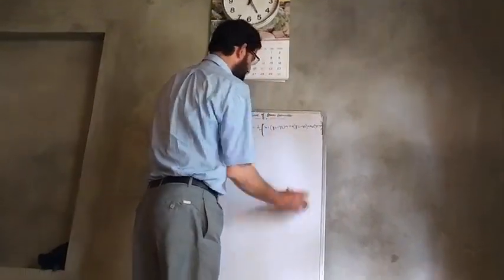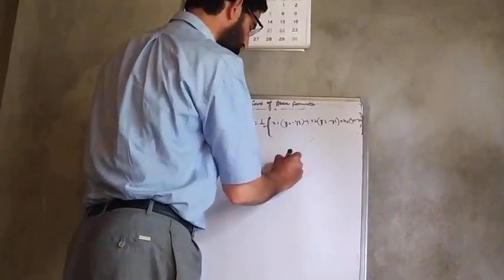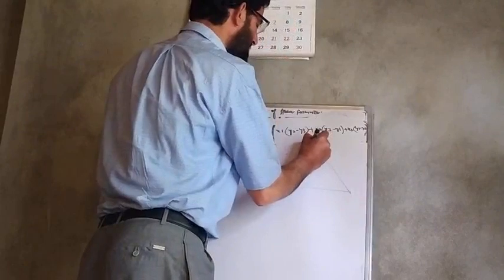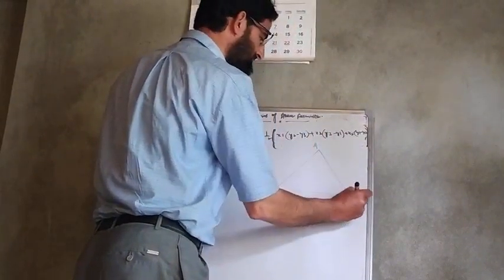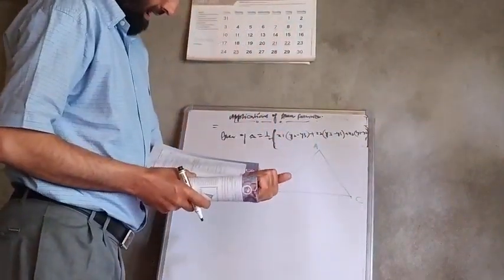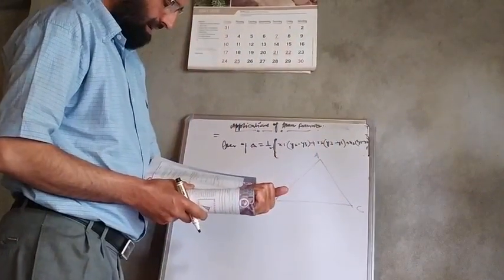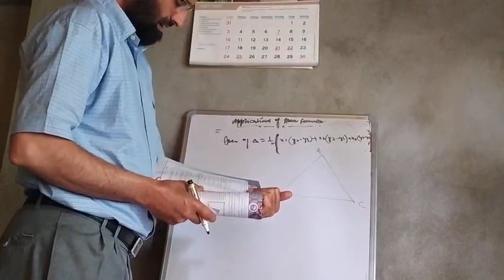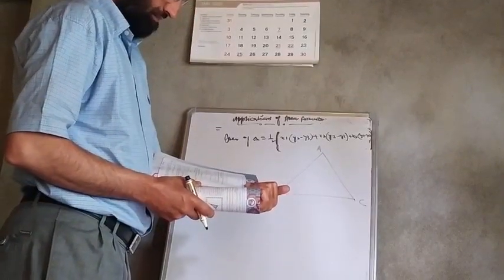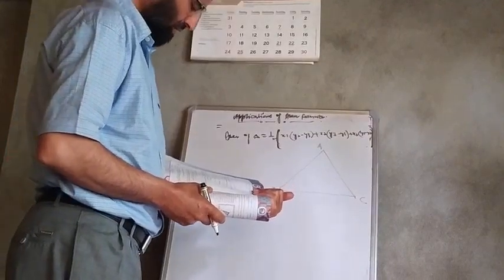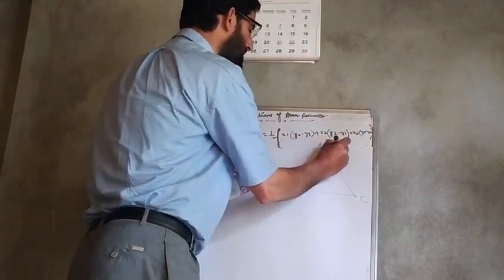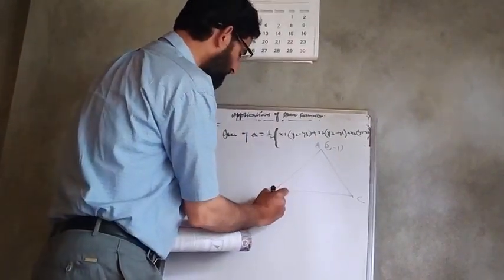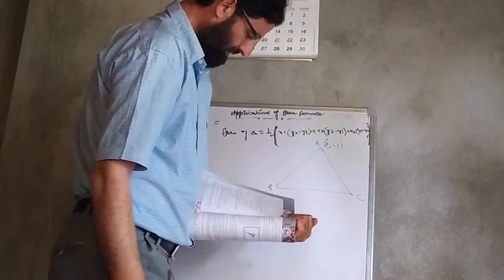So given that ABC is a triangle this time, suppose ABC is a triangle, this is the given triangle, and we find the area of a triangle formed by joining the midpoints of the triangle whose vertices are (0, 0), (1, 0) and (minus 1, 2), (1, 0 and 3).